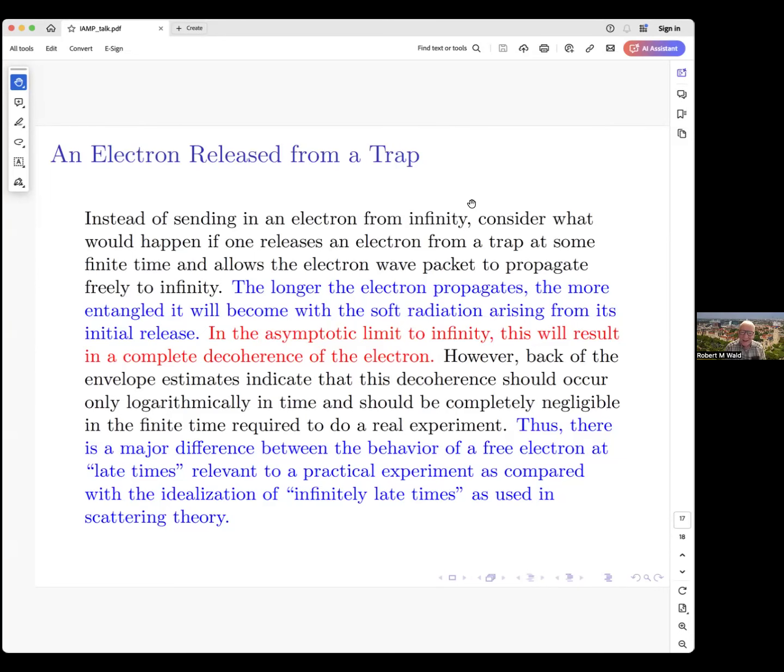It's just going to take a hell of a long time for that to happen, but it really is going to do that. That really is an effect. It really does get entangled with this soft radiation. So I think this is a genuine physical effect that would occur if you could allow this electron to propagate freely forever in an asymptotically flat space-time.